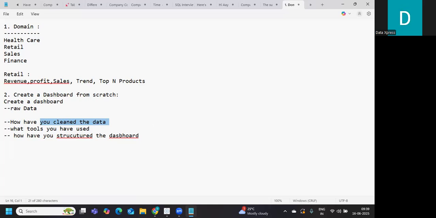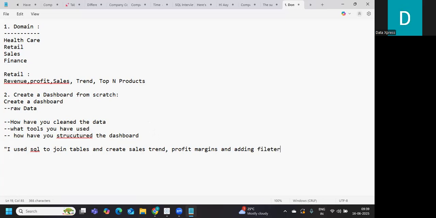Like say here, after doing this we can also tell that if at all I really want to talk about that, I will tell I used SQL to join tables and create sales trend, or have profit margins, and adding filters or parameters to my categories for user selection.